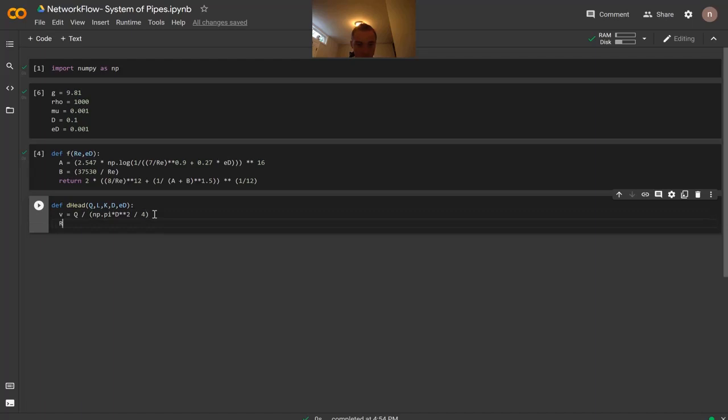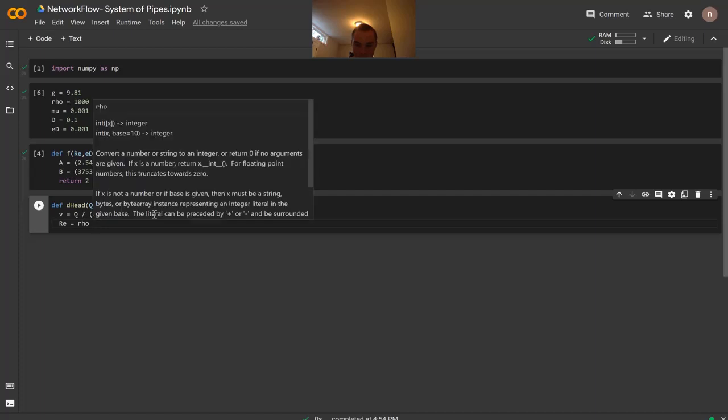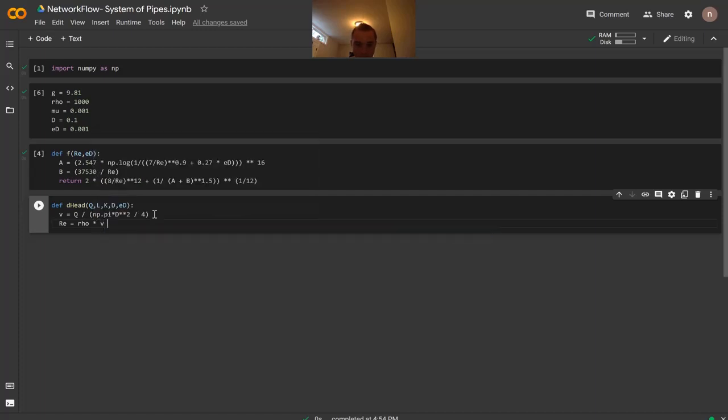And then we also put in our Reynolds number, so this will be our rho times our velocity, and then times our diameter, and then divided by our viscosity mu, and then enter.